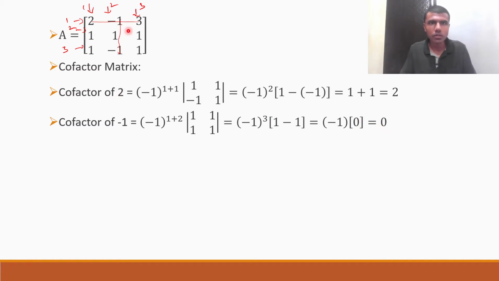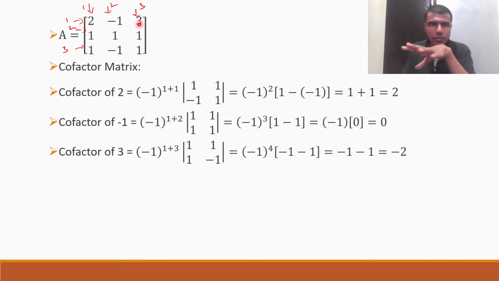Fine. Now third element is this 3. Let me erase these lines. Fine. Chalo. Now cofactor of 3 will be nothing but, see, the position of 3 is first row, third column, 1 3. So minus 1 power 1 plus 3 into det of, again close the row and column in which 3 is there.